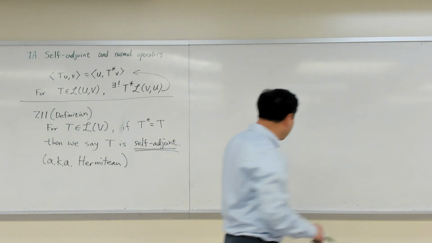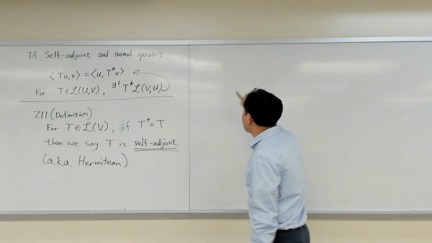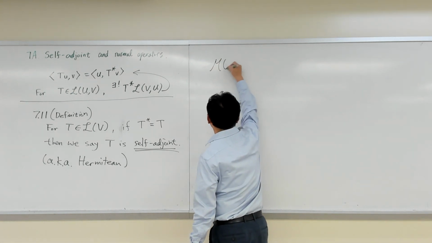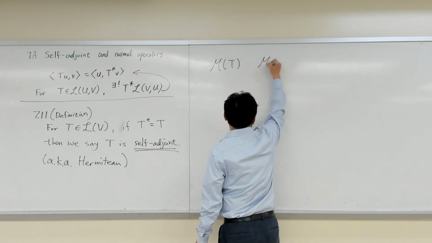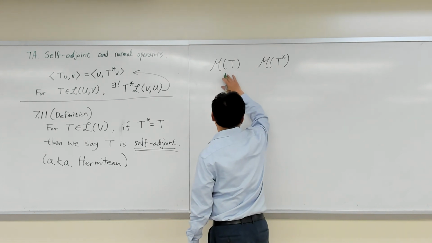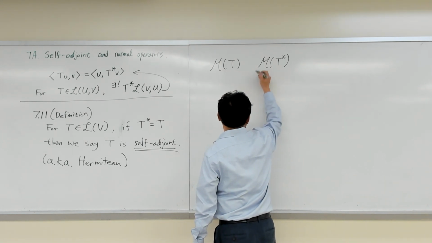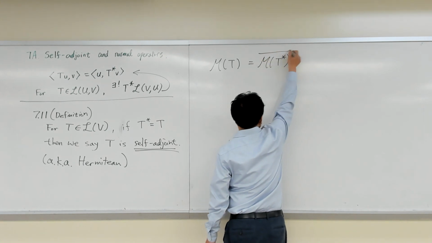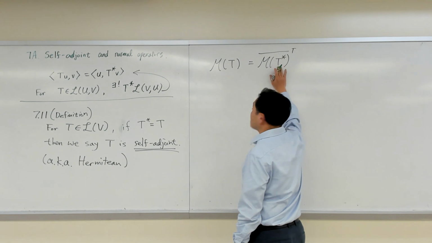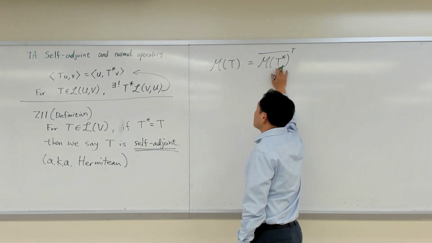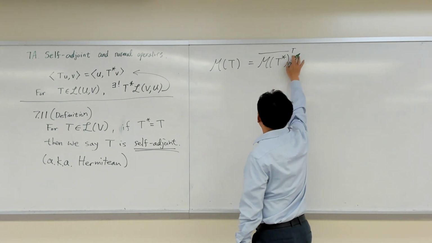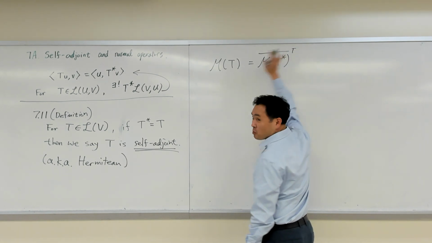The reason for that definition is because of something that we learned last time, that there's a relationship between the matrix of the adjoint and the matrix of the operator itself. The original matrix and the matrix of the adjoint operator have the property that one is the conjugate transpose of the other.